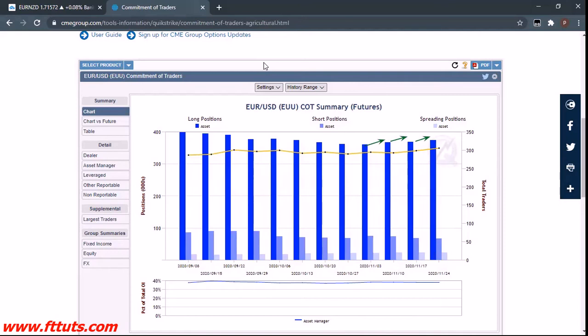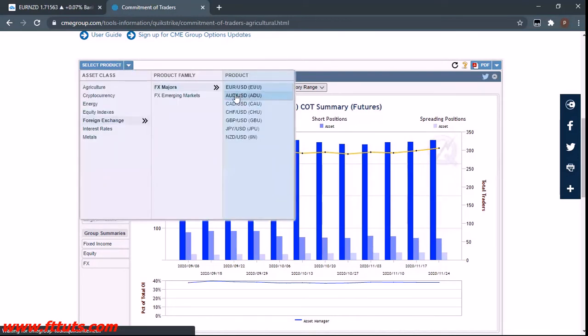Decrease, decrease, decrease. So you can see they're increasing the longs and decreasing the shorts. So what are you looking for on euro? You're looking for buys. Let's check another one. Let's check AUD.